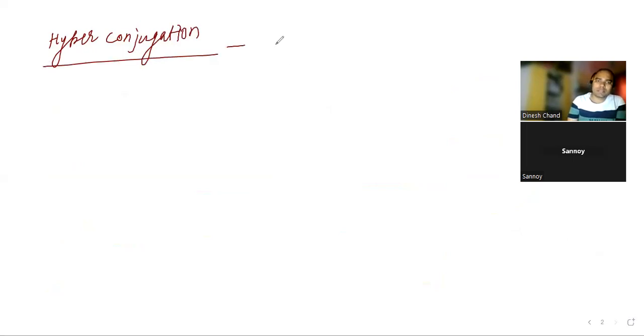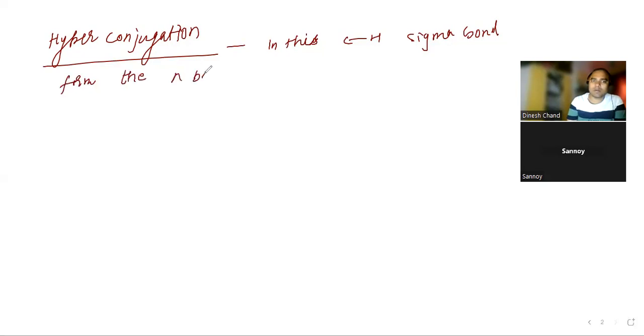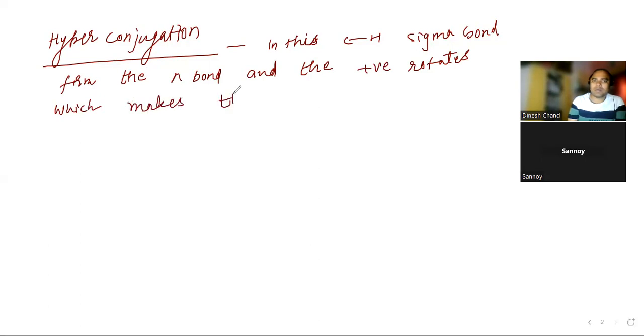Here, the CH sigma bond forms a pi bond, and the positive charge rotates, which makes the compound stable.